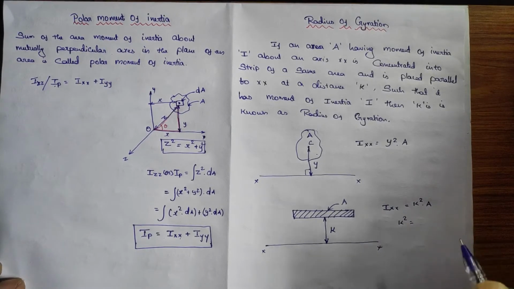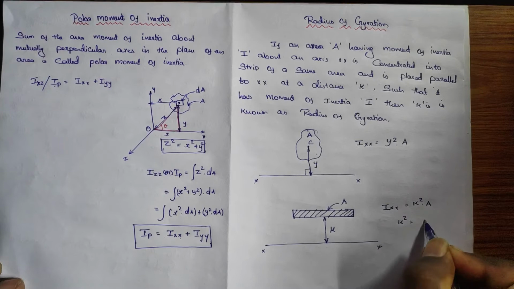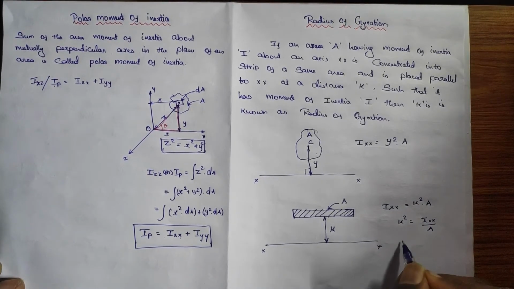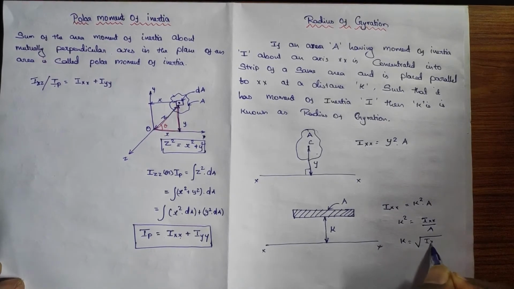Since K needs to be identified, I take it in terms of K. On simplification, K is equal to the square root of IXX divided by A. So this K is nothing but the radius of gyration.